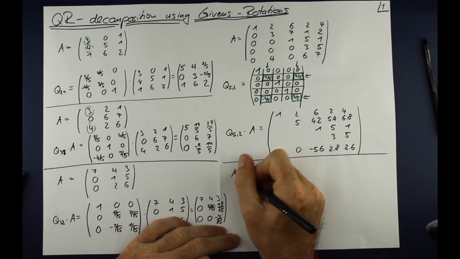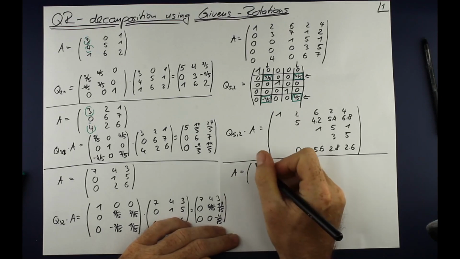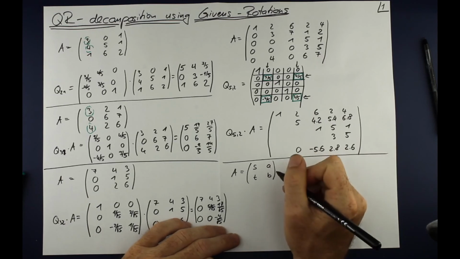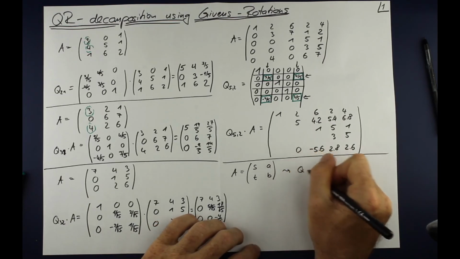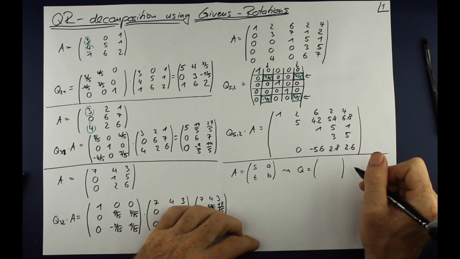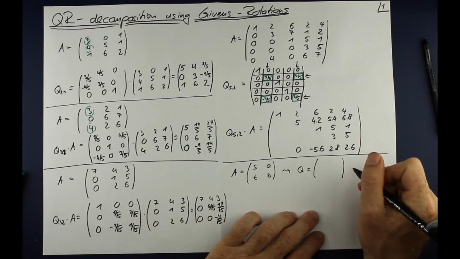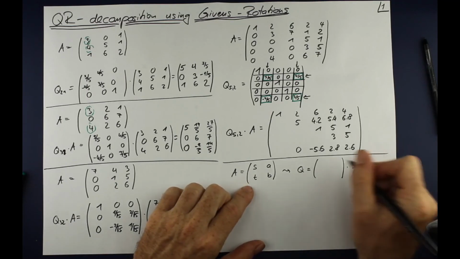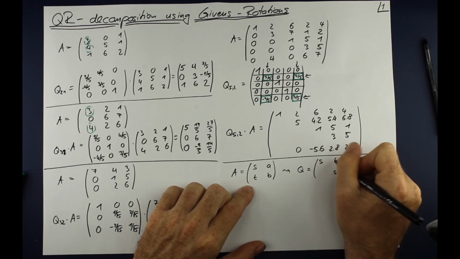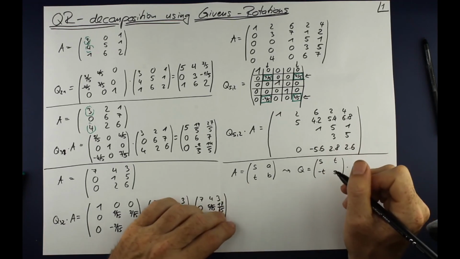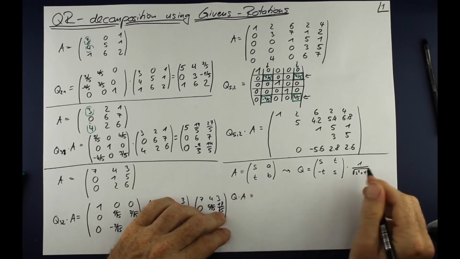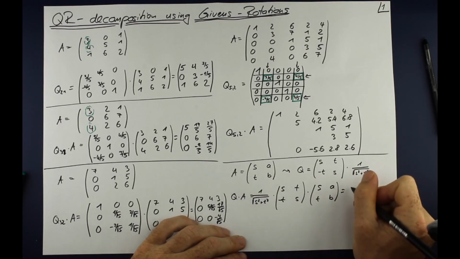In the end, I want to give a little theory on my paper. So if we have, for the sake of simplicity, a 2 by 2 matrix with these entries, then we build our Q matrix by squaring the entries, adding them and taking the square root. We can also write it that way. And then we use S, T, and minus T. When we multiply Q times A, what do we get?